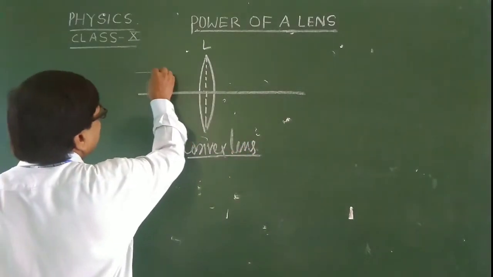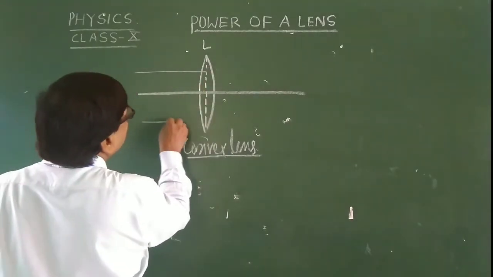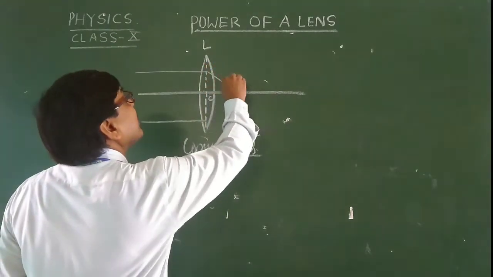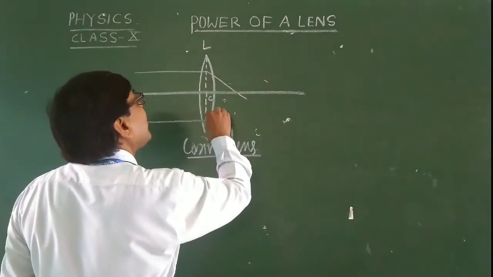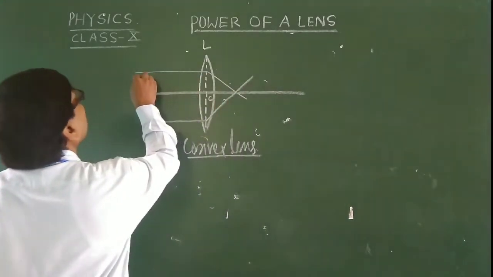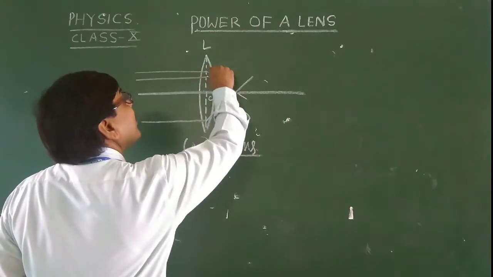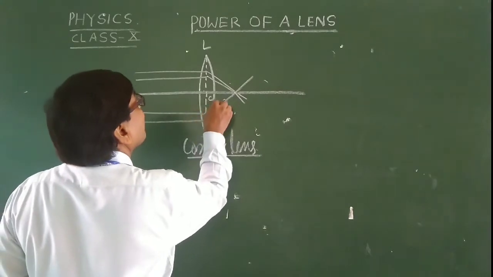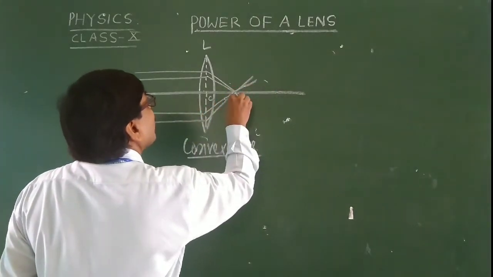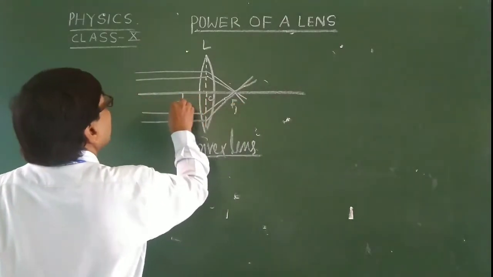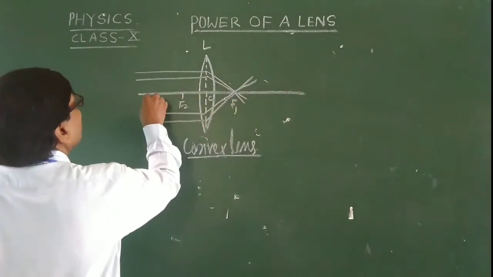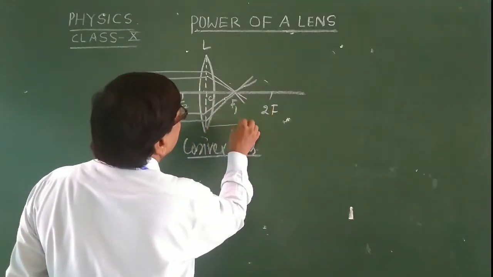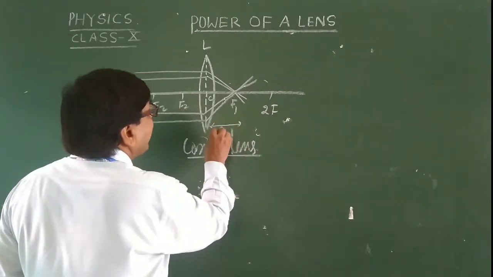And all light rays parallel to the principal axis, after refraction, converge at focus, and this is the power of convergence. So this is F1, F2, 2F2, 2F1. This is the focal length and it is positive.